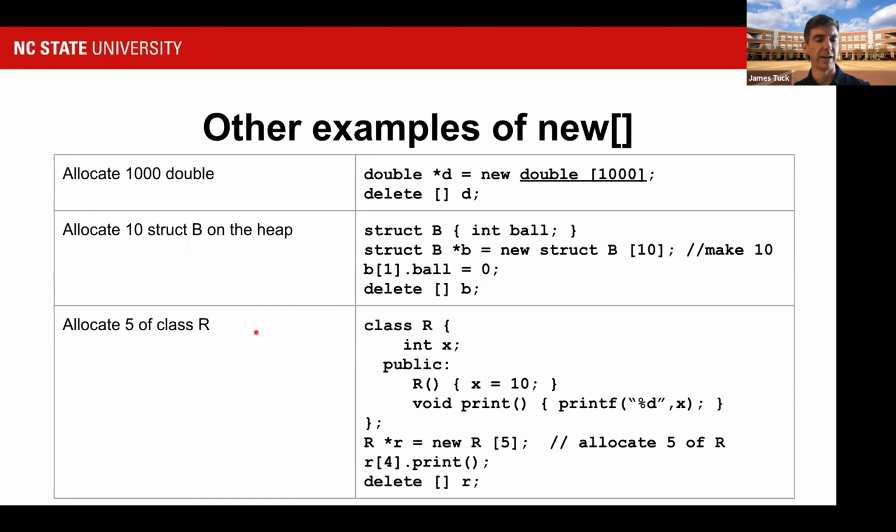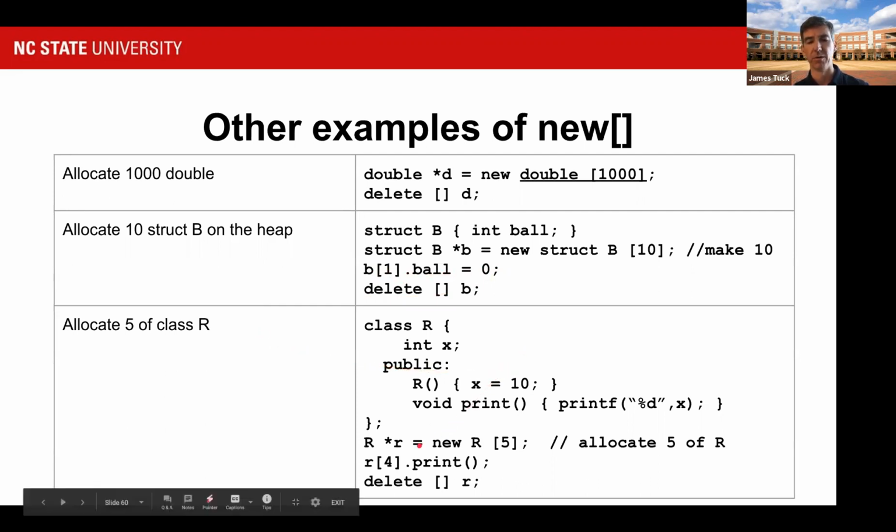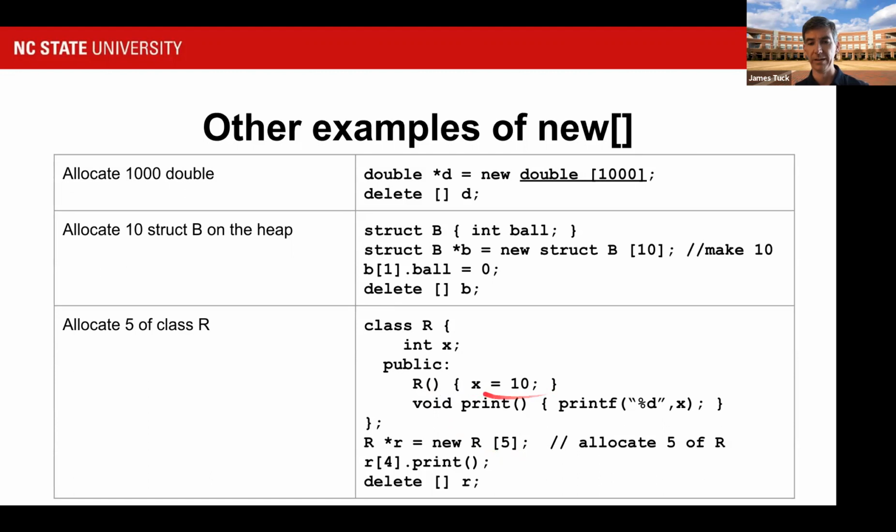Let's say I wanted to allocate 5 instances of class R in an array. So I would do that by saying new R and then put 5 in brackets at the end. Okay, now the interesting thing here is when I do this, it's going to call the default constructor on each element in the array and set each element equal to 10.